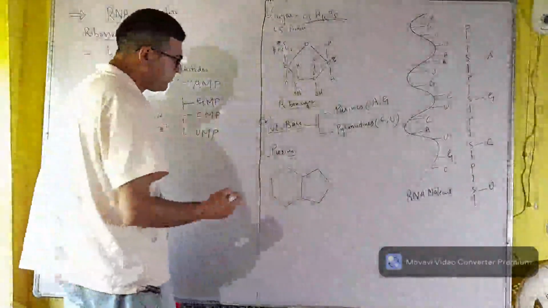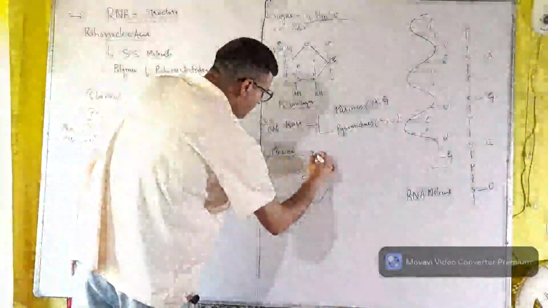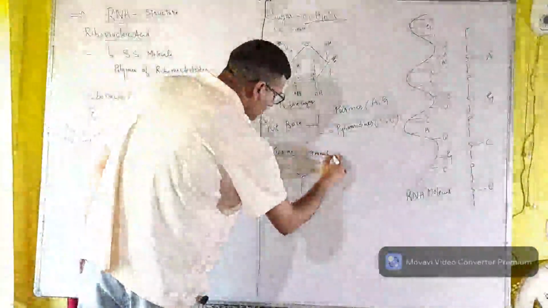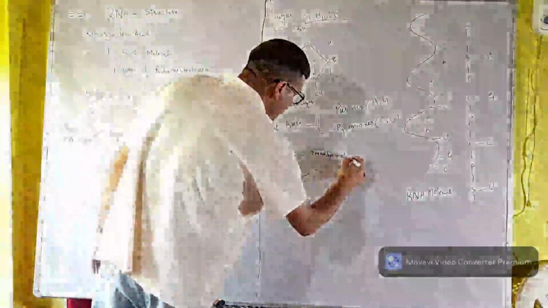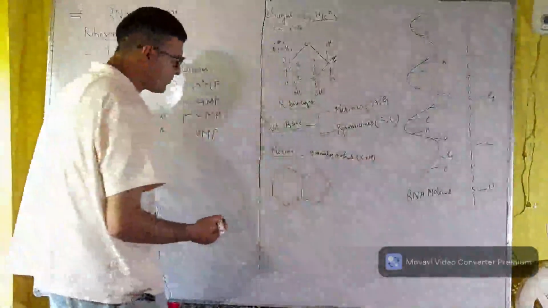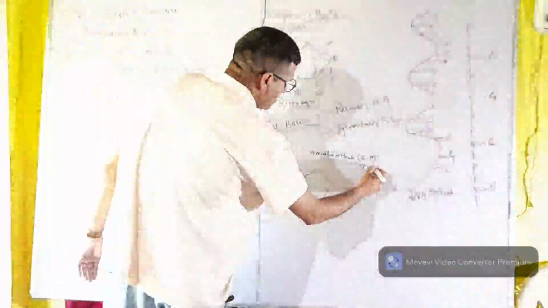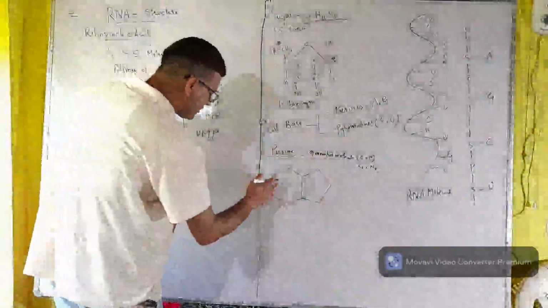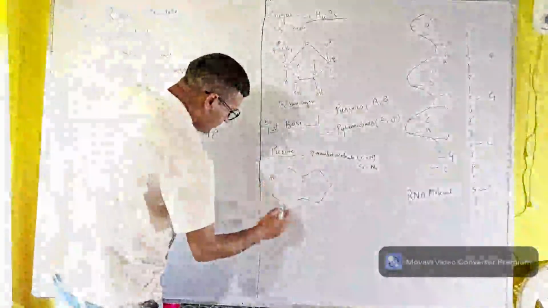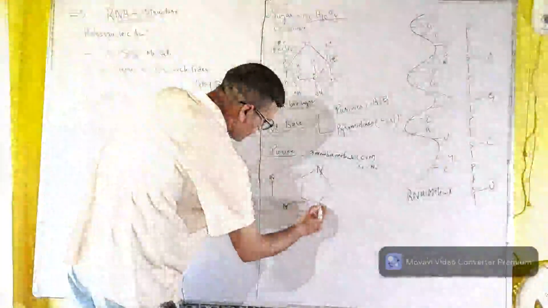It is a 9-member molecule where we find carbon and nitrogen. How many carbon and nitrogen are present? Carbon is 5 and nitrogen is 4. So this is nitrogen here, this is nitrogen here, nitrogen here, and this is nitrogen here.